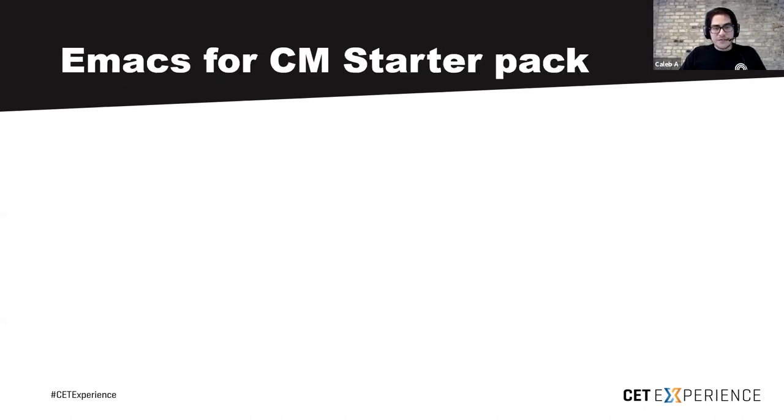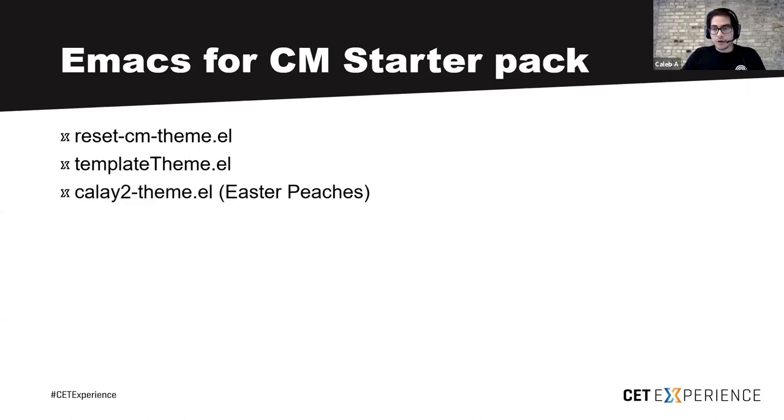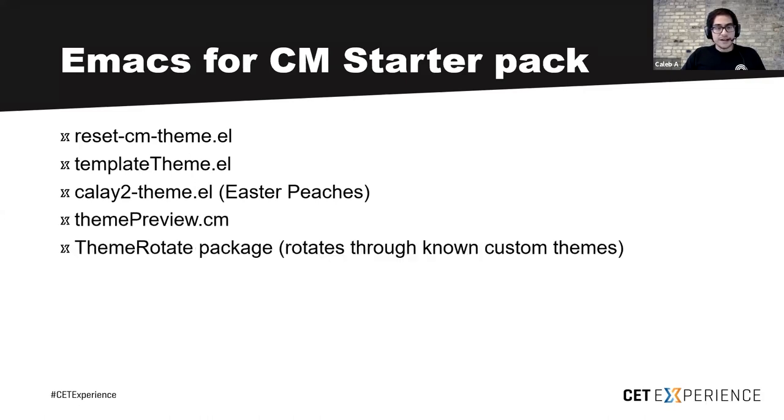So to sort of end, I've created a small starter pack, a package of files that comes with that reset CM theme, the theme template, theme preview.cm that I showed, along with my personal theme. It also contains a few extra packages like theme rotate.